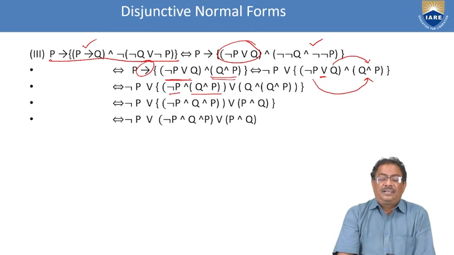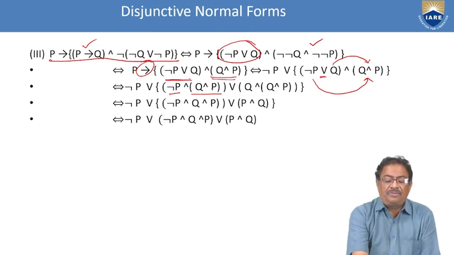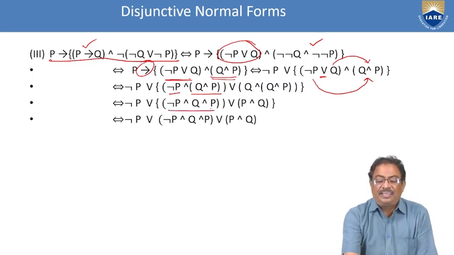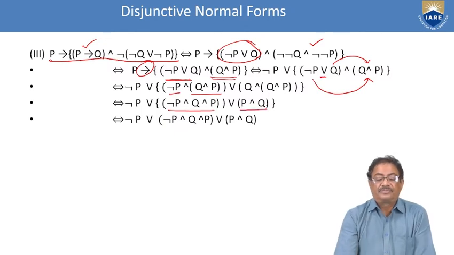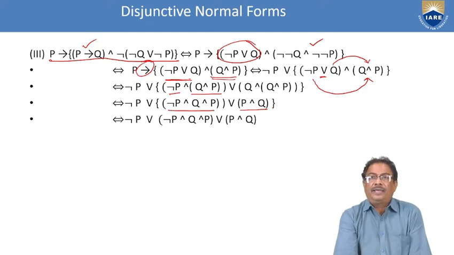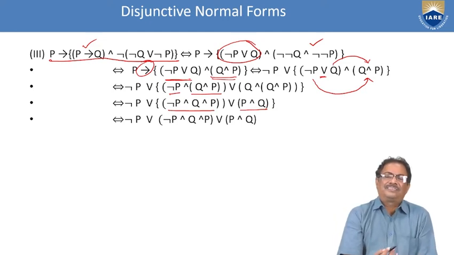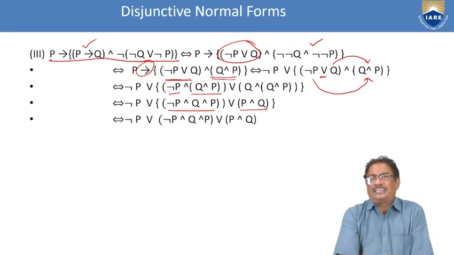Next, simply AND will be there everywhere, so we remove the braces. Here Q and Q will be Q, so in the place of two Qs I took only one Q. And apply the commutative law, if you are interested; otherwise you can consider it the same as it is.